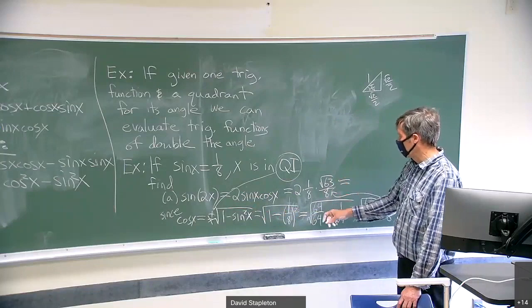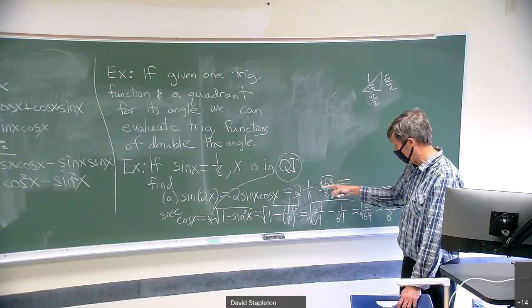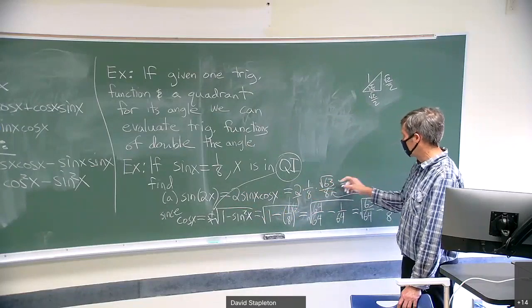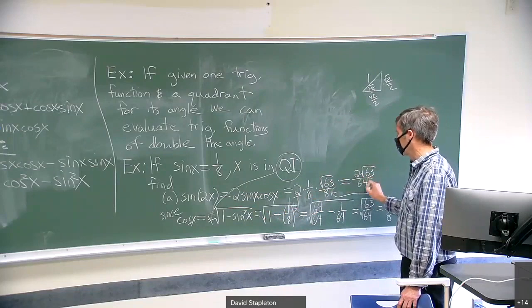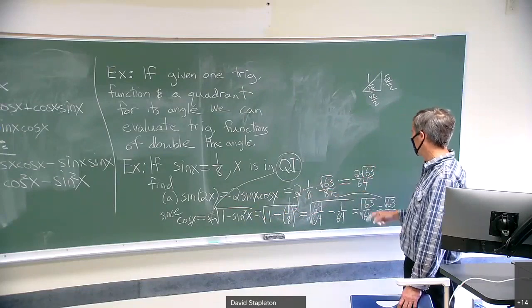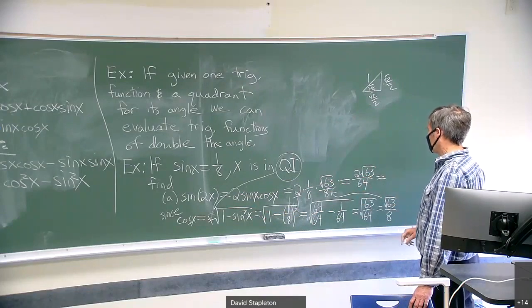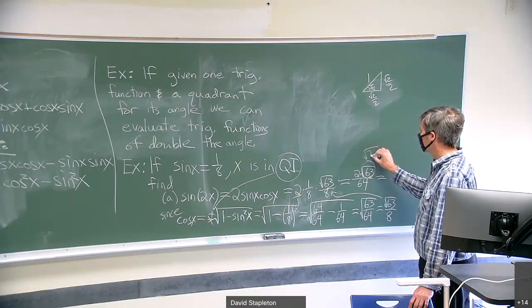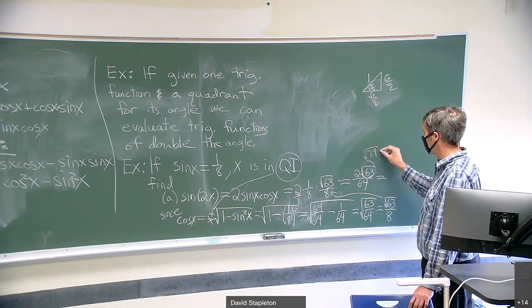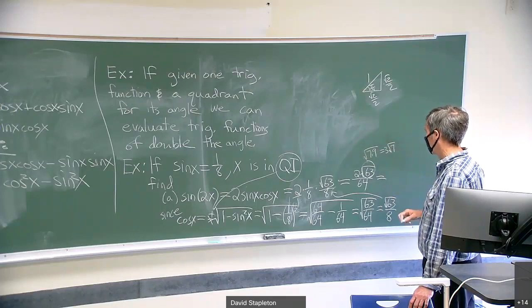Now we multiply this out. To multiply it out, just write this as a quotient, 2 over 1. It's top times top times top over bottom times bottom times bottom. It's 2 square root of 63 over 64, when we multiply all these out. And now we notice we can reduce it. Square root of 63 is square root of 7 times 9, and 9 is a square, so really write this as 3 square root of 7.